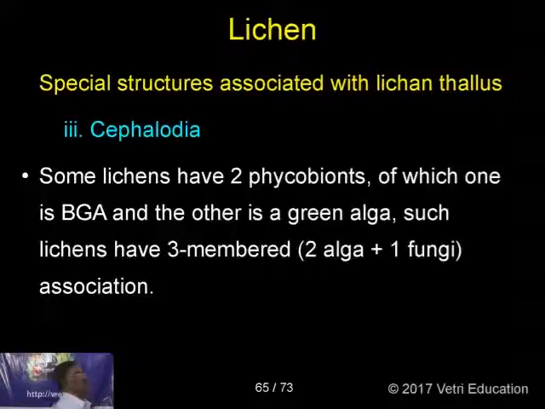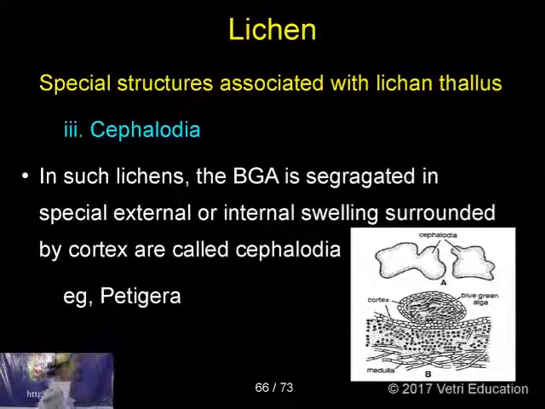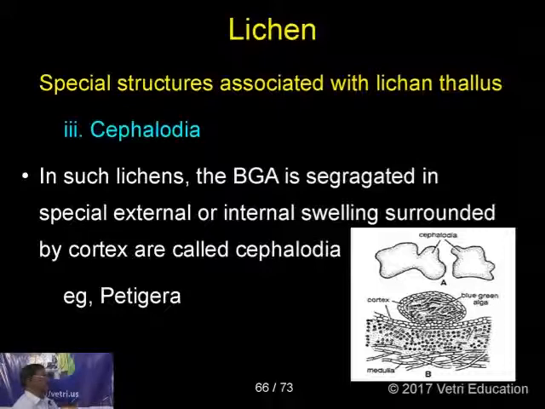In such lichens, the blue-green alga is segregated in special external or internal swellings on the thallus, and some algal cells are surrounded by fungal cells. Example, Peltigera, and this may be detached and develop into a new lichen.